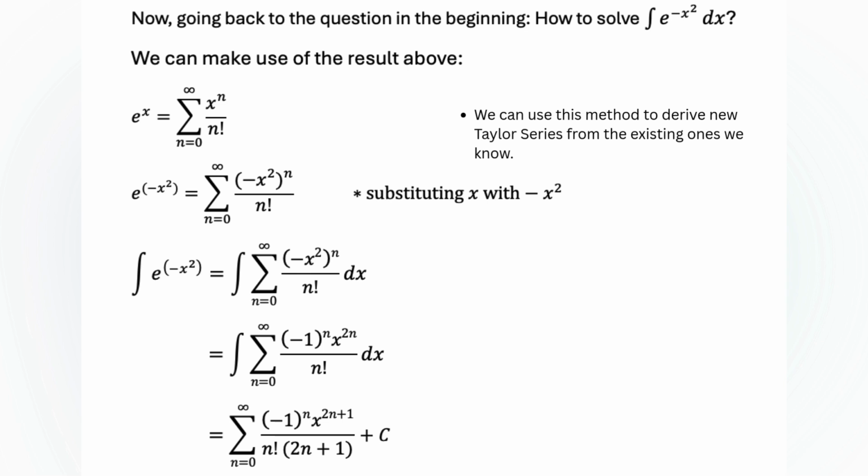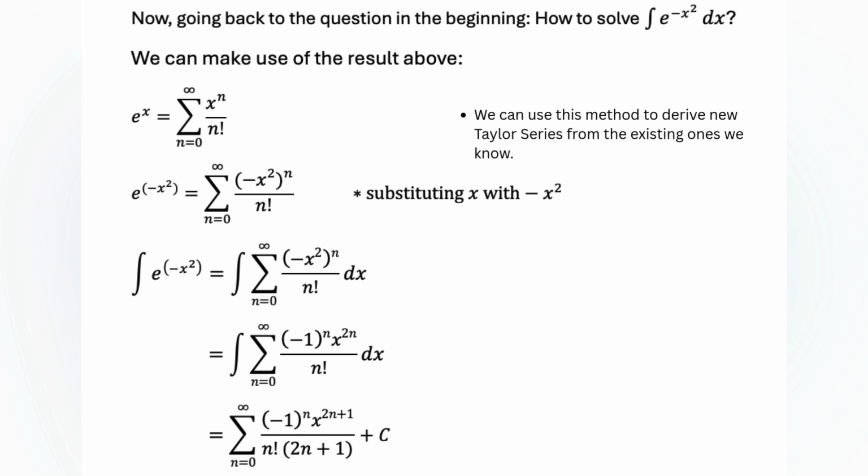Now let's go back to the question we asked at the beginning. Finally, how do we solve the integral of e to the negative x squared? Well, now we can make use of the Taylor series result we already found for e to the x. We know that e to the x equals the sum from n equals 0 to infinity of x to the n over n factorial.